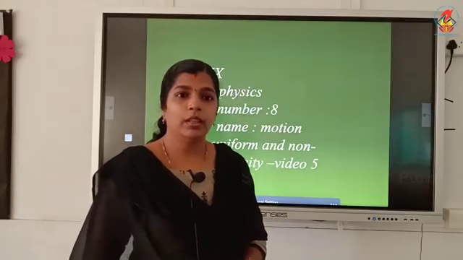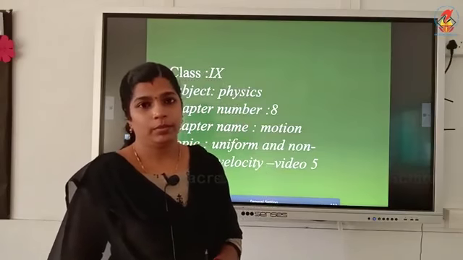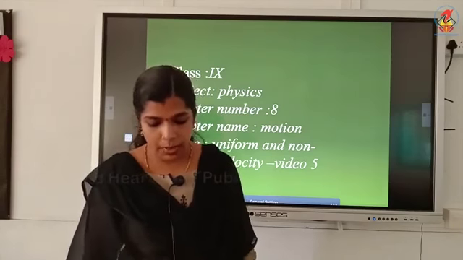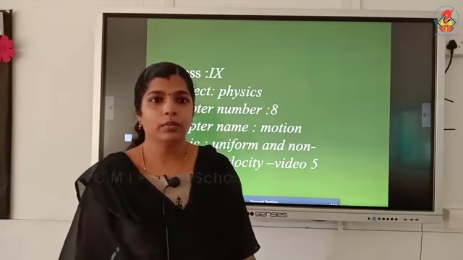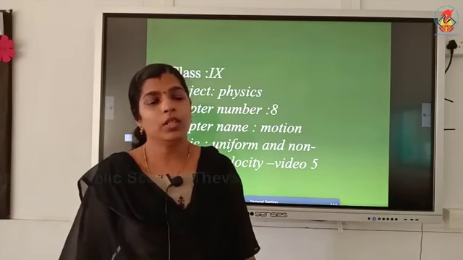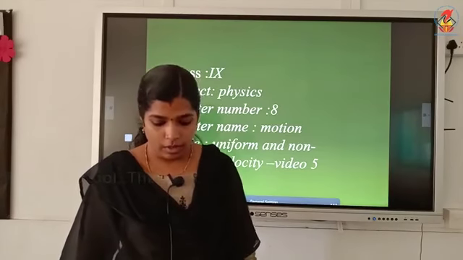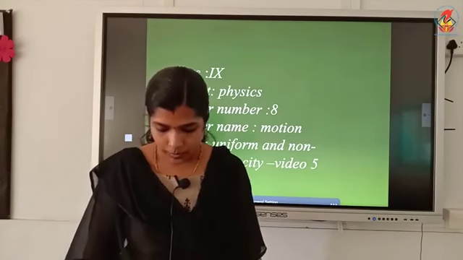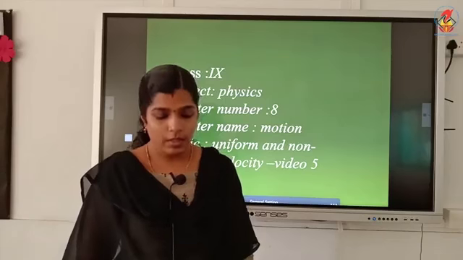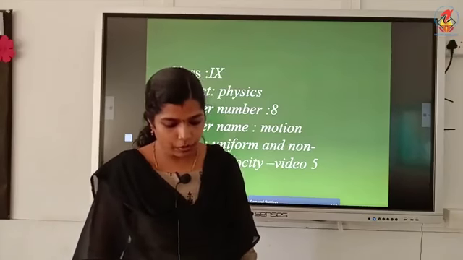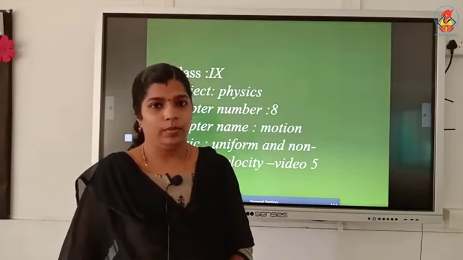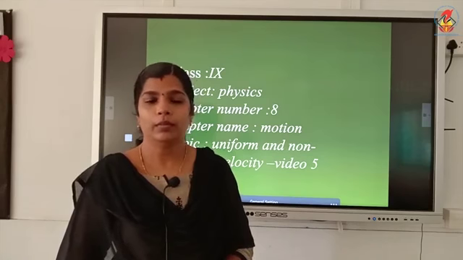If it covers equal distance in equal interval of time, it means the speed will be uniform, constant speed. If it covers this in a particular direction, then it is uniform velocity.